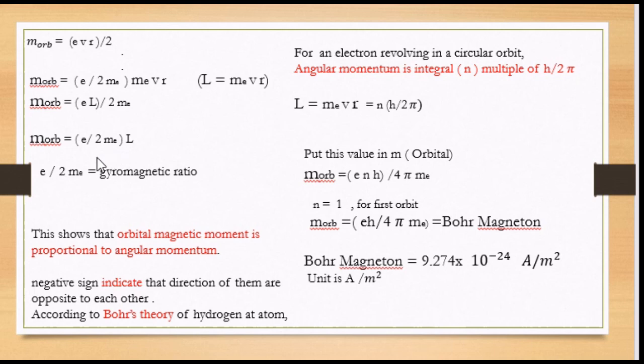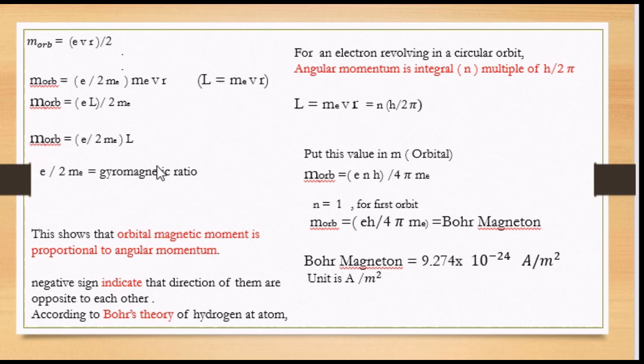Observe this one. In e upon 2 m_e, e is the charge on the electron, which is constant. 2 is constant. m_e is the mass of the electron, which is also constant. So the total term e upon 2 m_e is constant, and that ratio is called the gyromagnetic ratio. If you observe this, the orbital magnetic moment, and L is the angular momentum, and this is the constant.